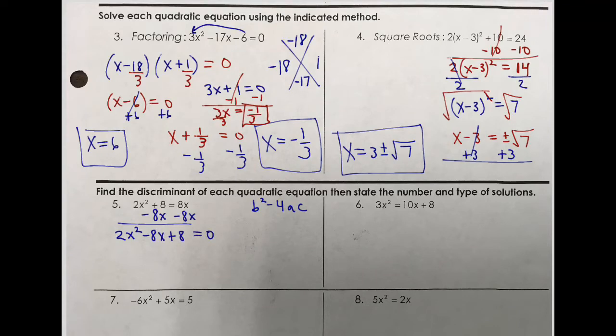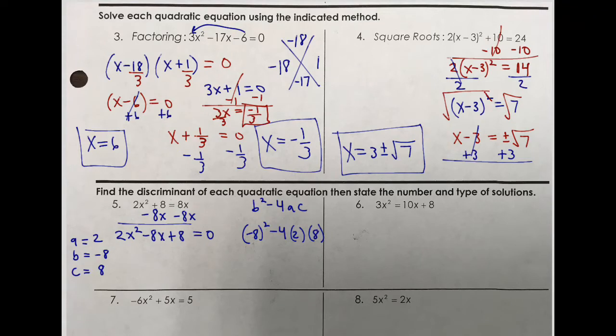Now we identify our a, b, and c. A is 2, b is negative 8, and c is 8. And now we apply into the formula. So negative 8 squared, minus 4, our a is 2, and our c is 8.